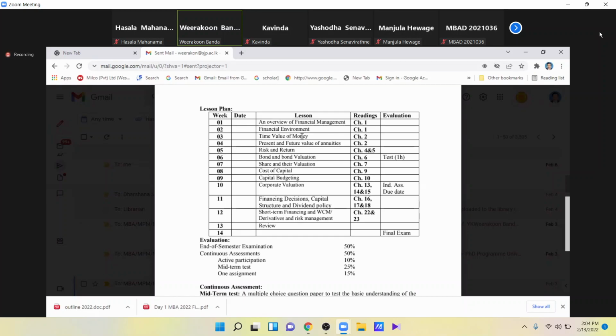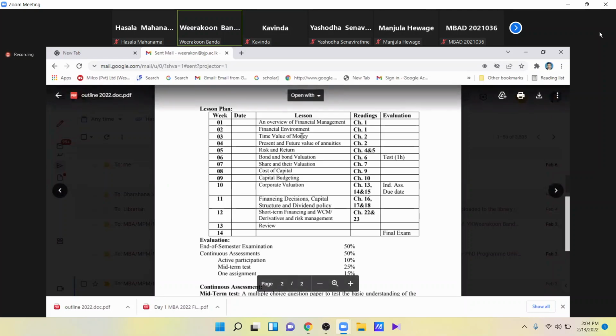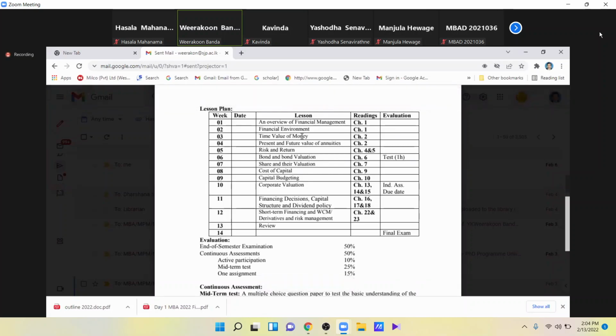The midterm exam is in the 6th week, a 1 hour paper consisting of MCQs, multiple choice questions. Then later we will give you an assignment, relevant topics or maybe some guidelines. Then accordingly, you have to submit your assignment.